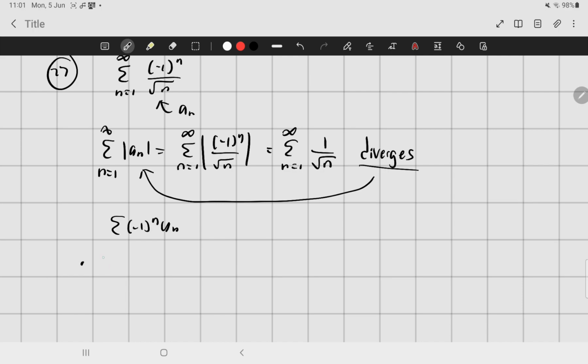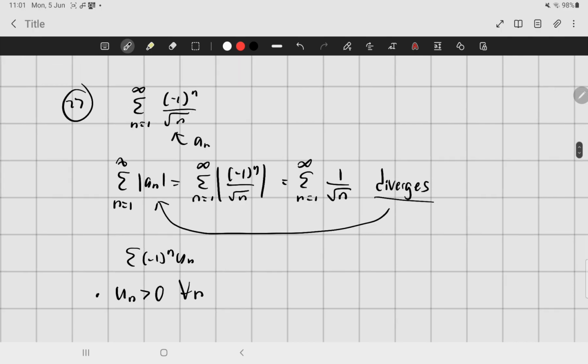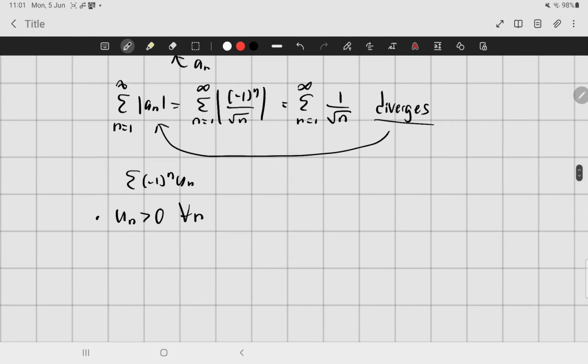The first one will be u subscript n has to be positive for all n, where here we have n larger than or equal to 1. The second point is that the previous term is larger than or equal to the next consecutive term, u subscript n plus 1.